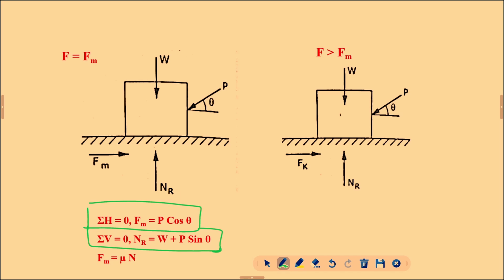So, in cases 1, 2 and 3, because of the inclined force we resolve into vertical and horizontal components, P cos theta and P sin theta. If this force is acting from right to left, it is minus. If this is acting from top to bottom, it is minus, or plus, depending upon the case.